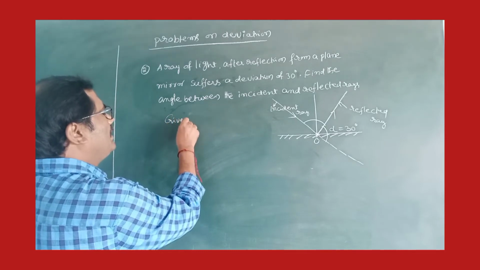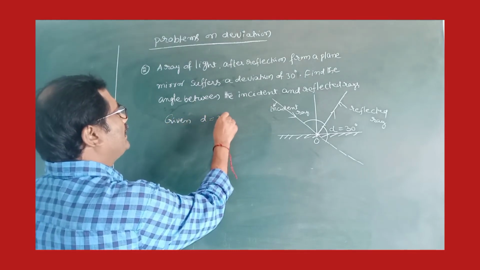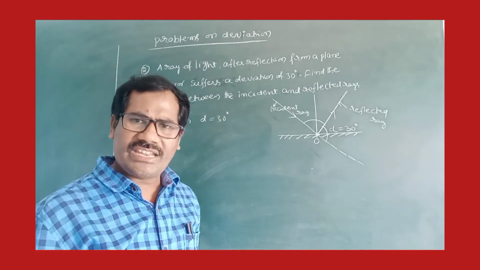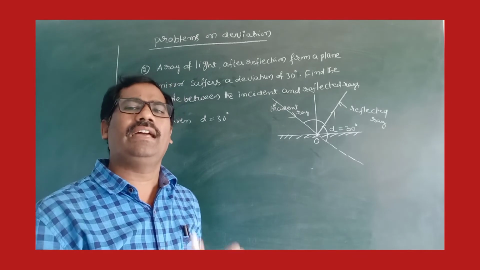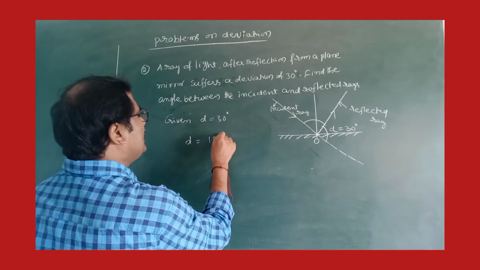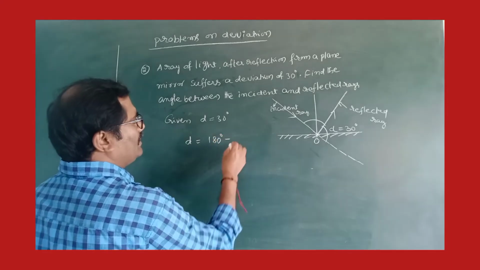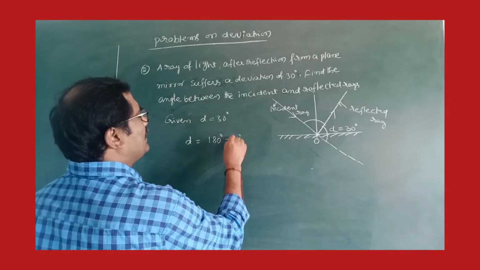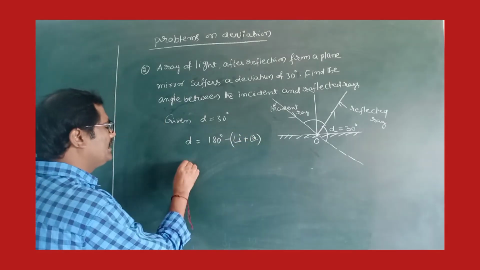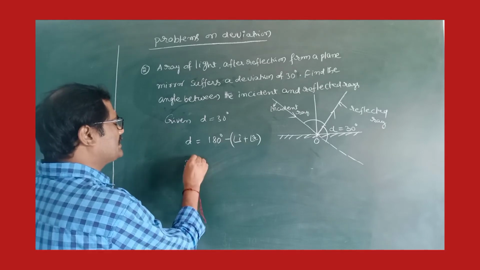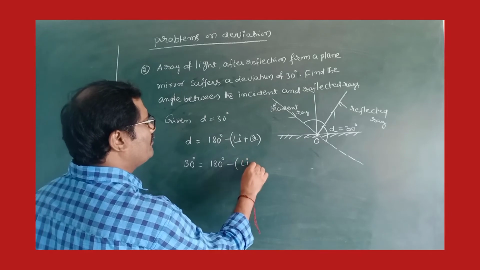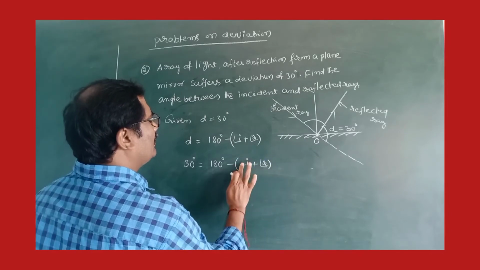What are the given values? Given D is equal to 30 degrees. What is the relation between the deviation angle and the incident and reflected angles? D is equal to 180 minus the sum of angle i plus angle r. So 30 degrees is equal to 180 degrees minus angle i plus angle r.